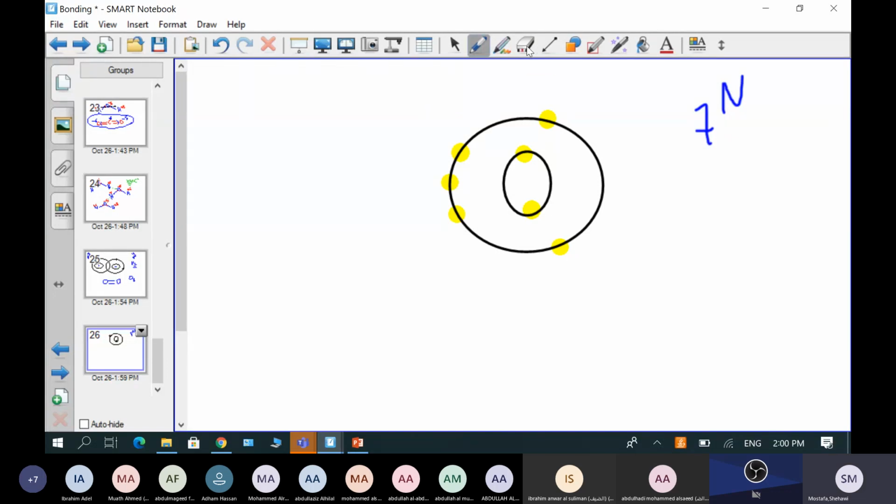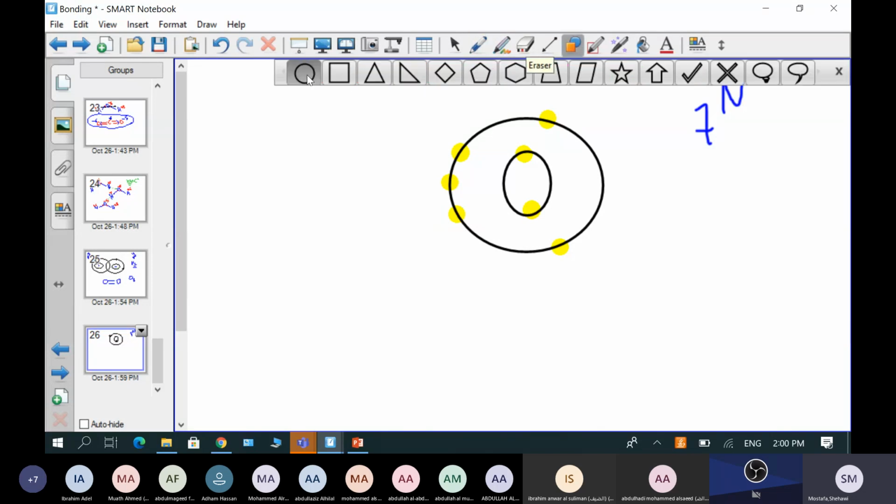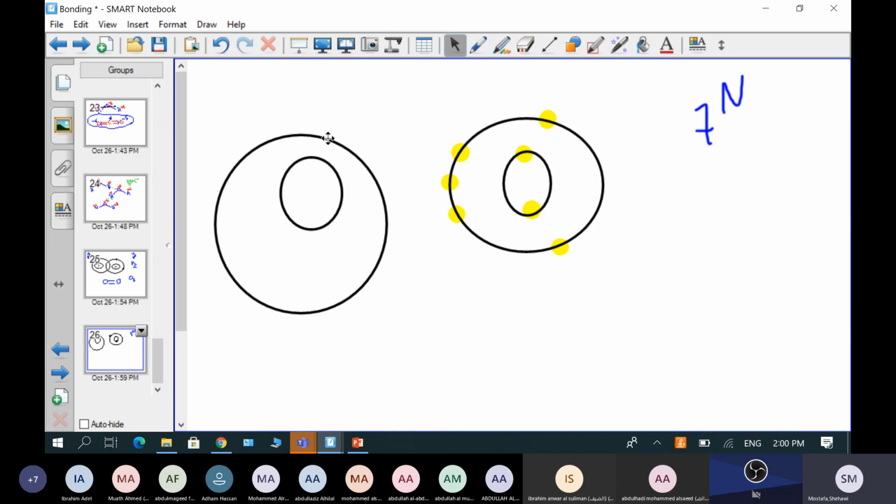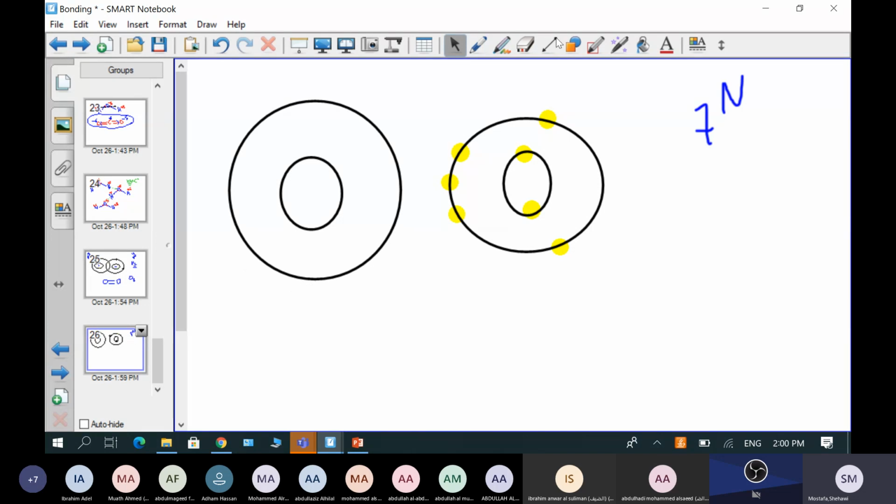If we draw another one beside it, it will be the same, another nitrogen atom. The second nitrogen atom has, in the first energy level, 1, 2. And in the second energy level, they have 1, 2, 3, 4, and 5.